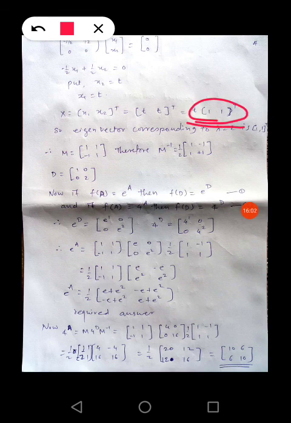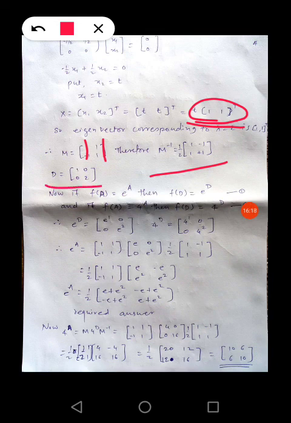Now M is obtained from the eigenvectors. The first eigenvector is [1, -1], so we write here 1 minus 1 and then 1 1. Therefore M inverse is, as usual, 1/2 times [1 -1; 1 1].